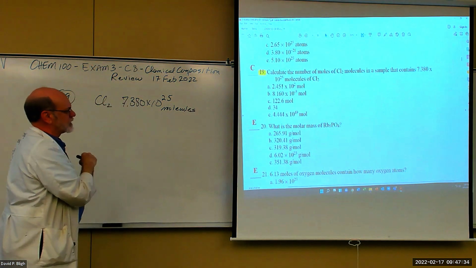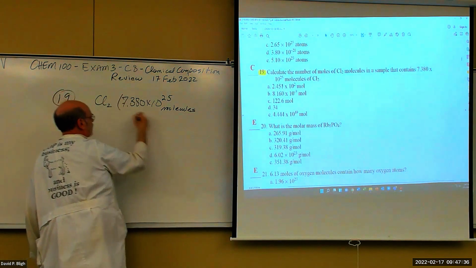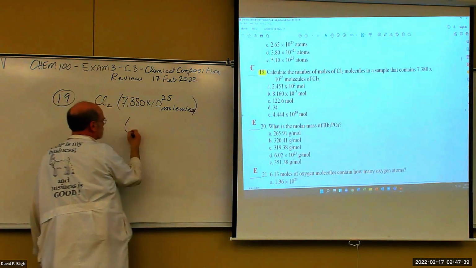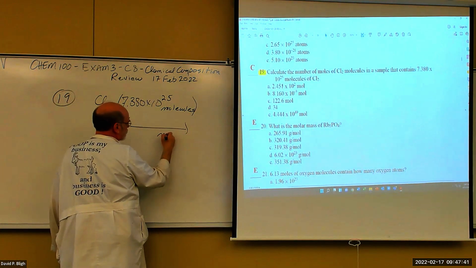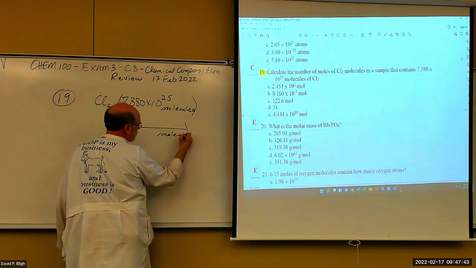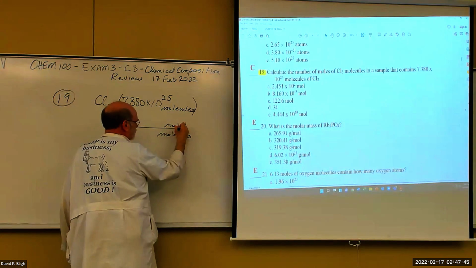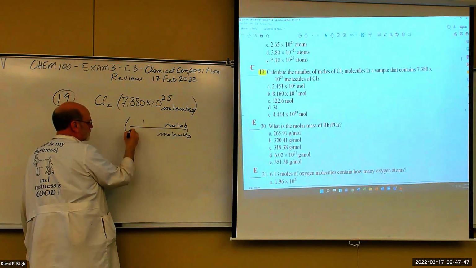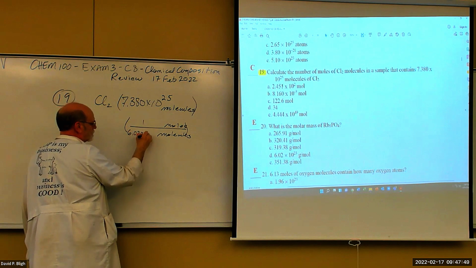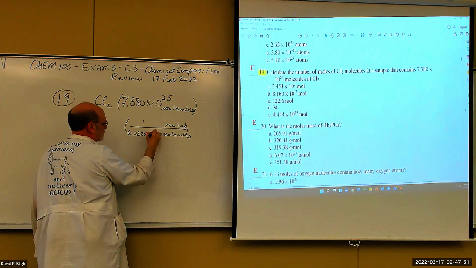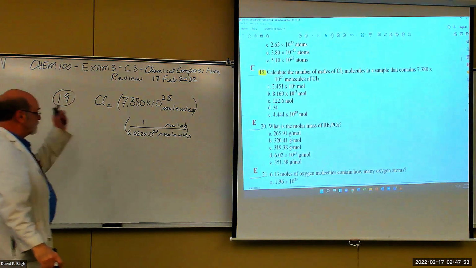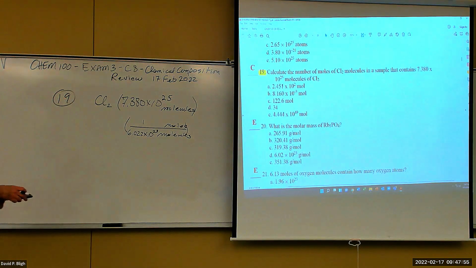And the question is, how many moles is that? This is simple. It just needs a conversion factor that will go molecules to moles, and we know what that conversion factor is. Divide that into 7.380.